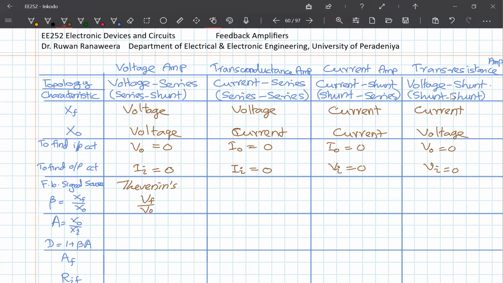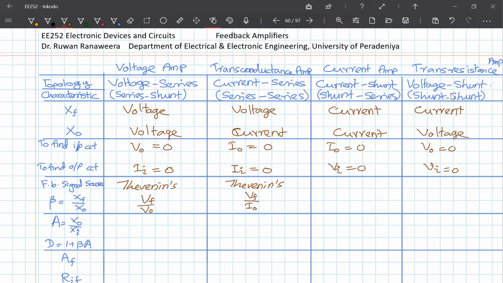Now the beta will be equal to V feedback divided by the output value, which is I out.